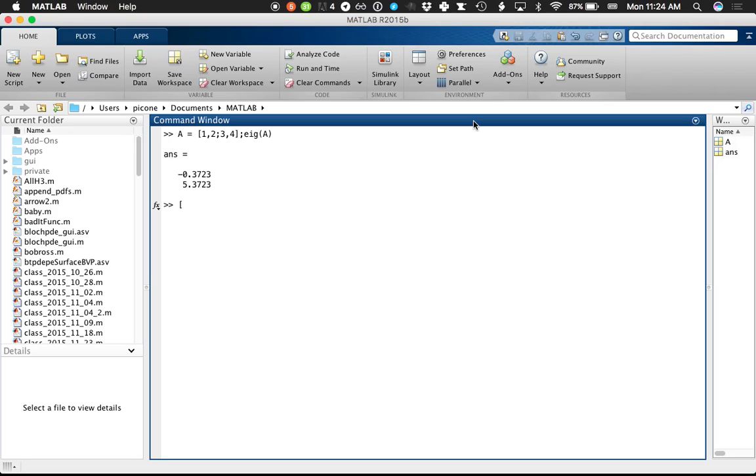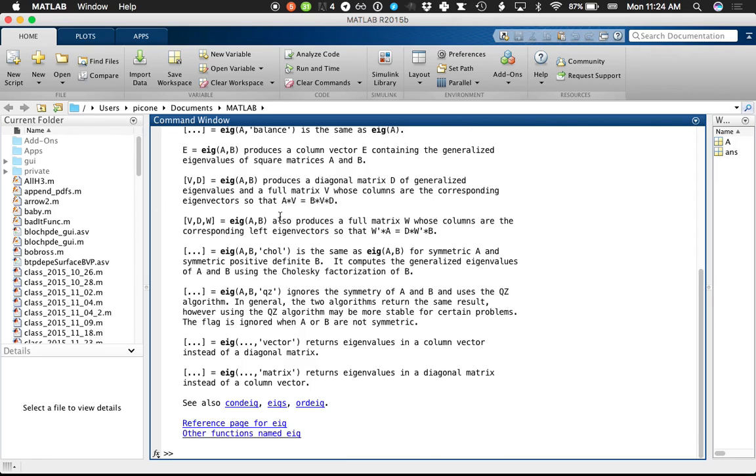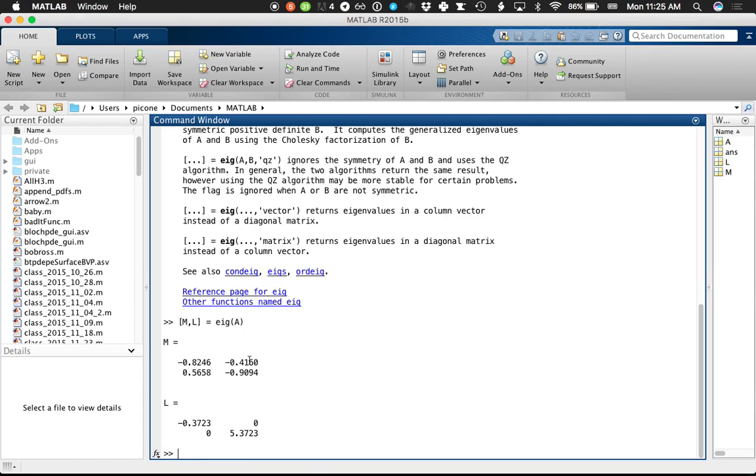If you do help eig, you get [V, D]. They call the eigenvector matrix V in MATLAB, but I'll do M, and I can't do a lambda, so I'll do [M, L] = eig(A). M is the eigenvector matrix that came out, and L is the eigenvalue matrix that came out.